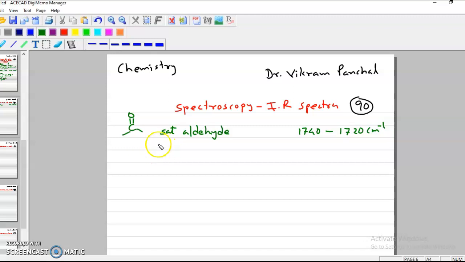Now in case of aliphatic aldehyde, this is nearly 1700, and that is due to plus I effect.